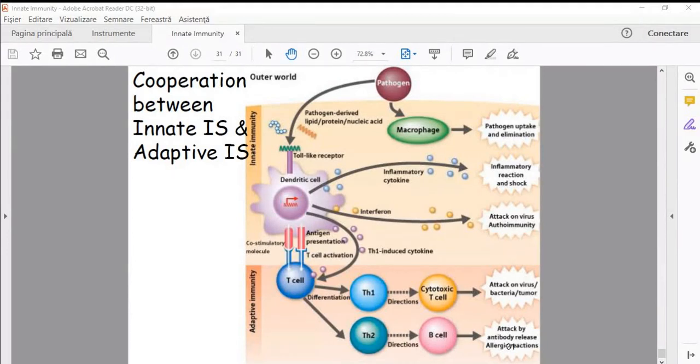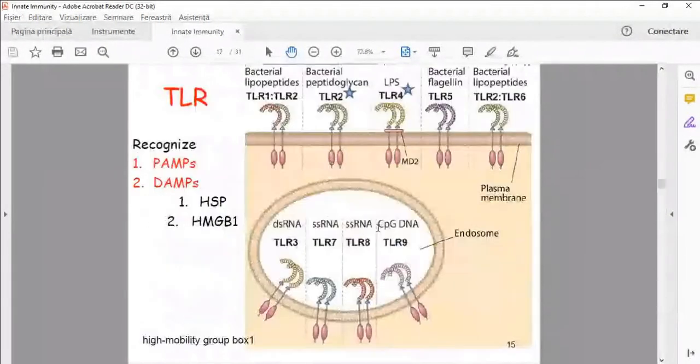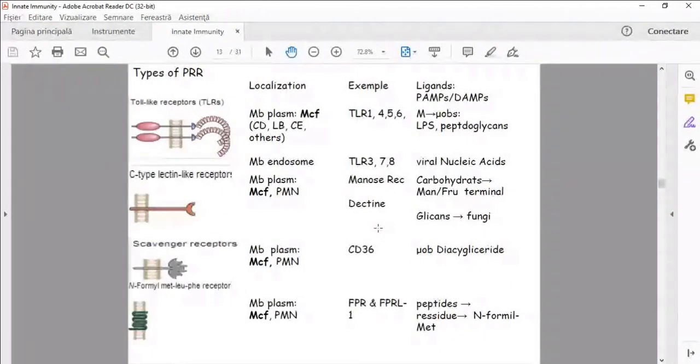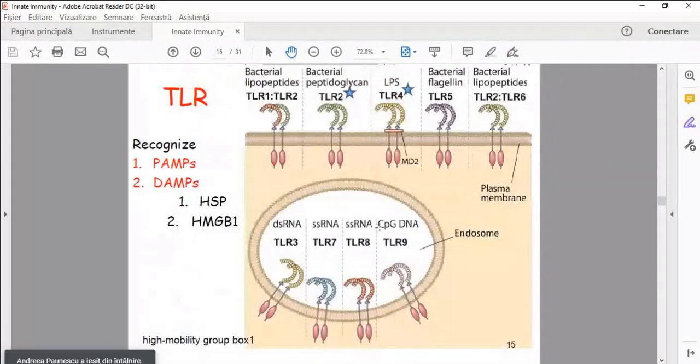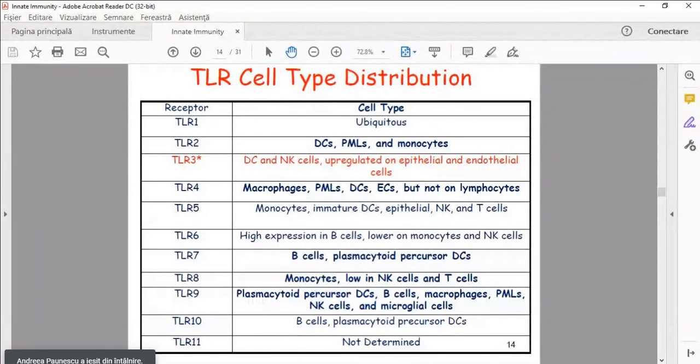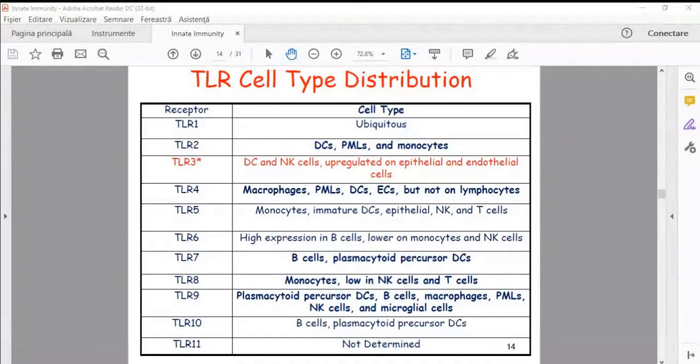I think that you don't need supplementary material. It's all in here. What else do you need? You have to read it. Another question? Other question, please?